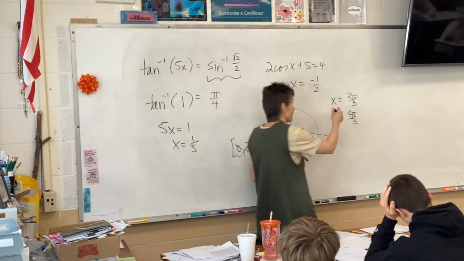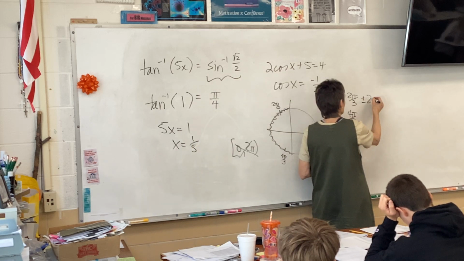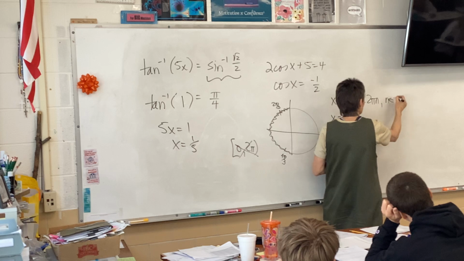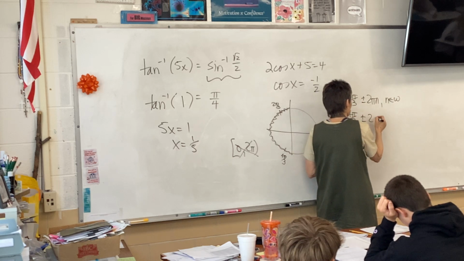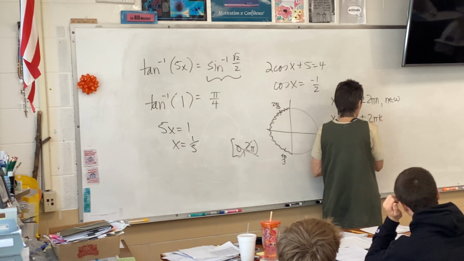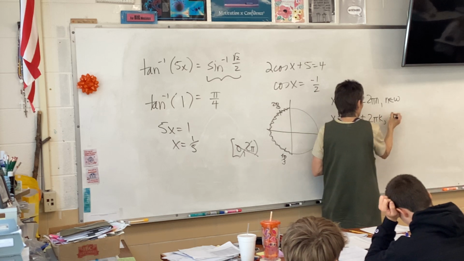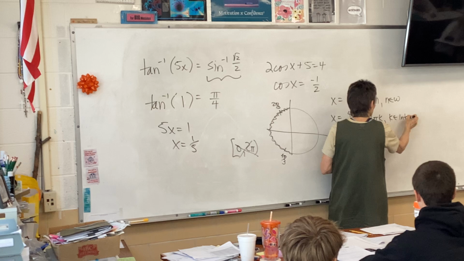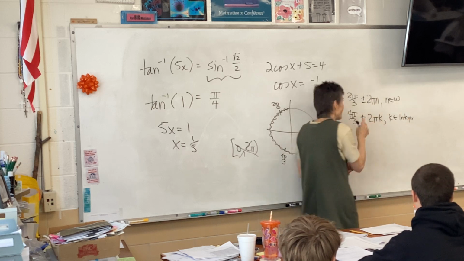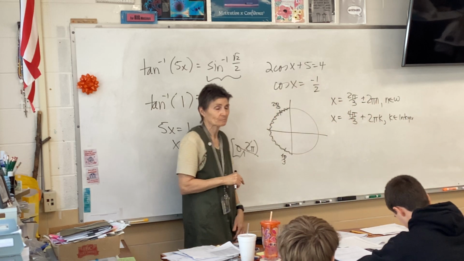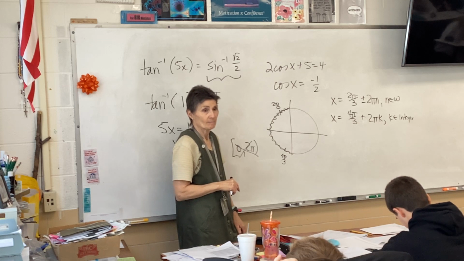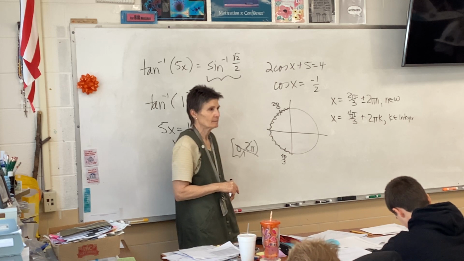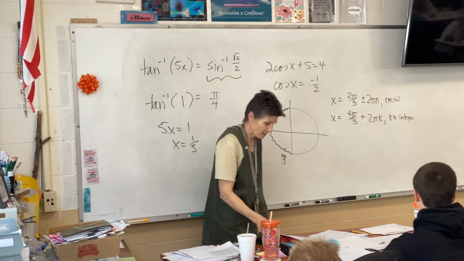So we'll say 2 pi over 3 plus or minus 2 pi n, where n is a whole number. Or I can say plus 2 pi k, where k is an integer. It doesn't matter to me. Somehow you gotta write something like that. Okay? That pretty easy? I think that one's not too bad.